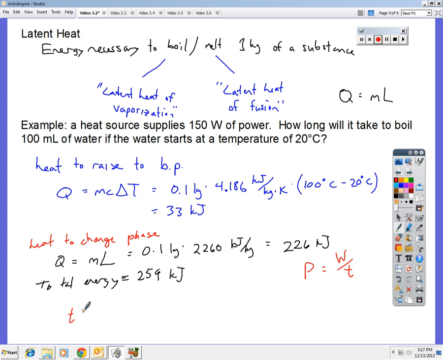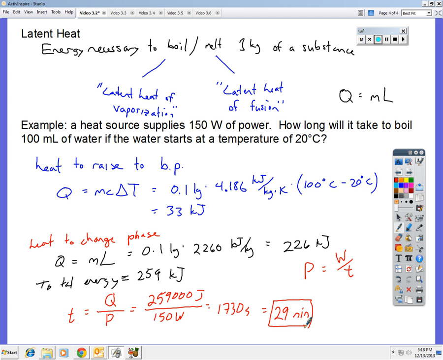And so to find the time, we take the amount of heat that we added, and we divide that by the power output. So 259,000 joules divided by 150 watts gives us 1,730 seconds, which is right about 29 minutes.